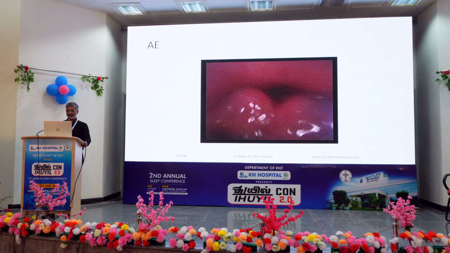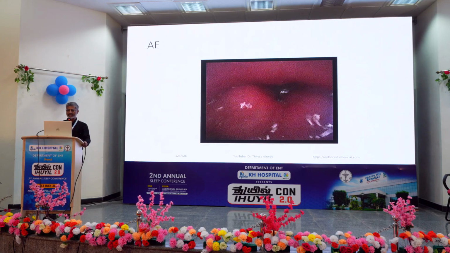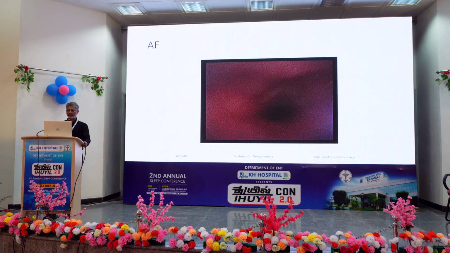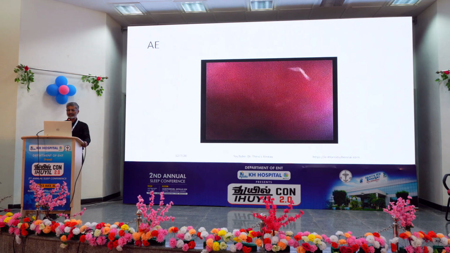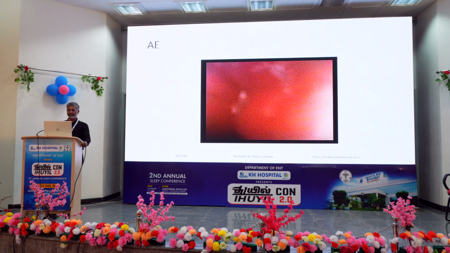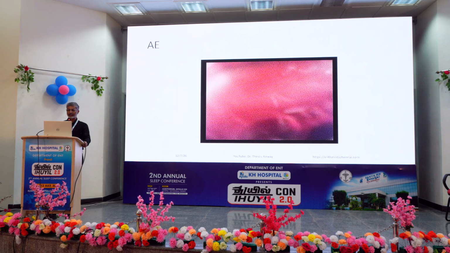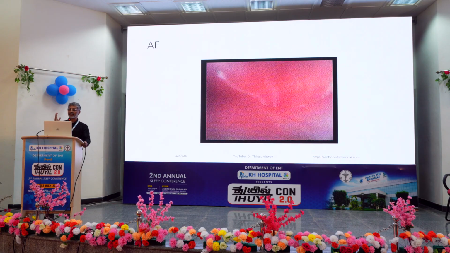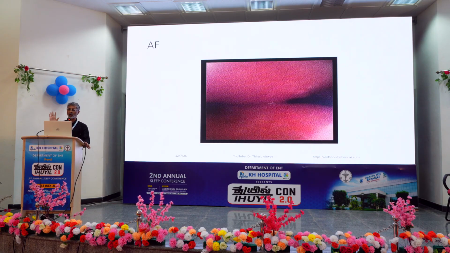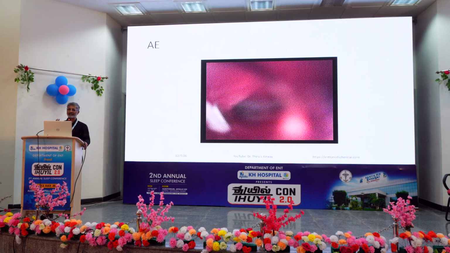And you can see there is some amount of subglottic edema here. If you go further down, there is a little bit of tracheomalacia as well. So the noisy breathing is not due to one single area of obstruction.